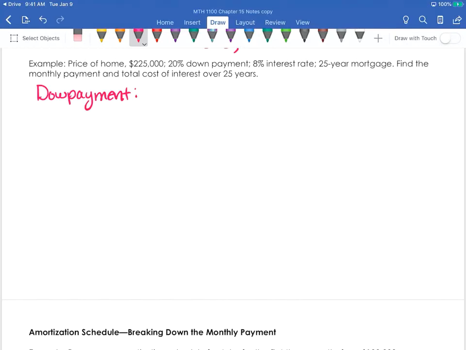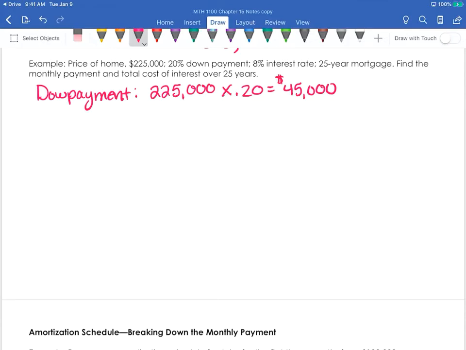It says the price of the home is $225,000. So to find 20% for the down payment, I take 225,000 times 0.2. That will give me $45,000.